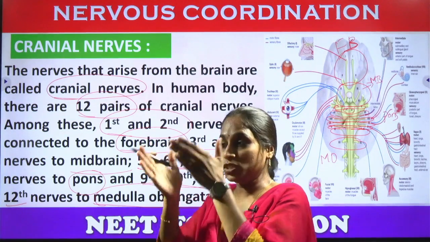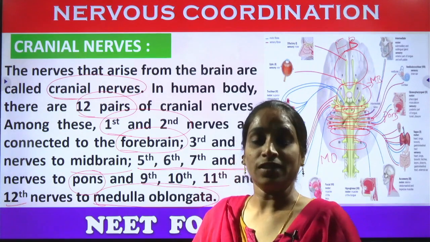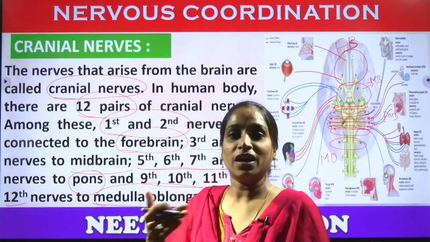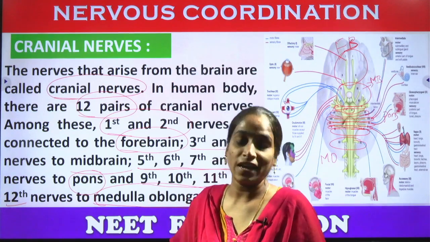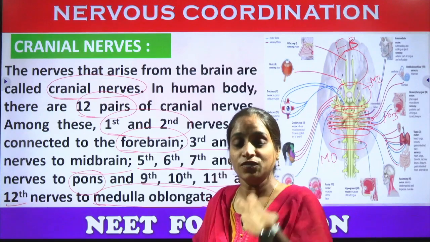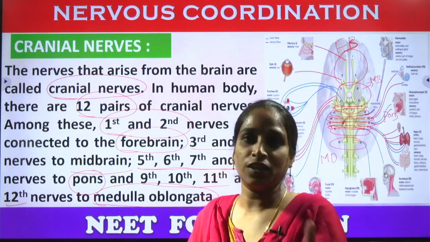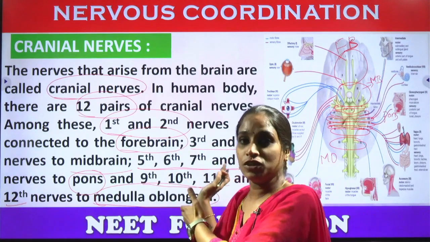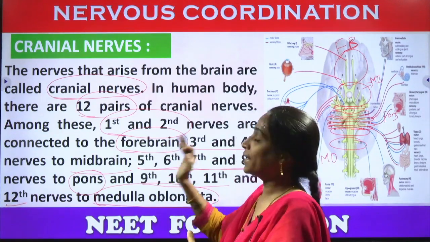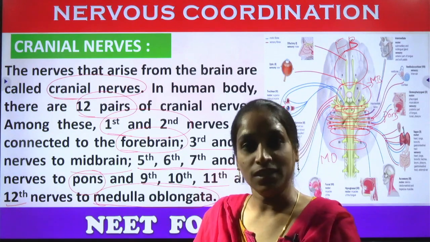These functions are connected to the sense organs, regulating pathways, regulating metabolic activities, and receiving stimuli and giving responses to a particular stimulus, which is regulated by these regions of the brain attached by particular pairs of cranial nerves.